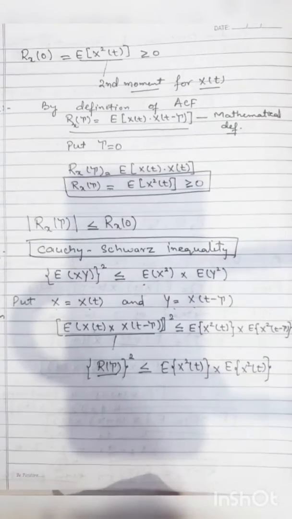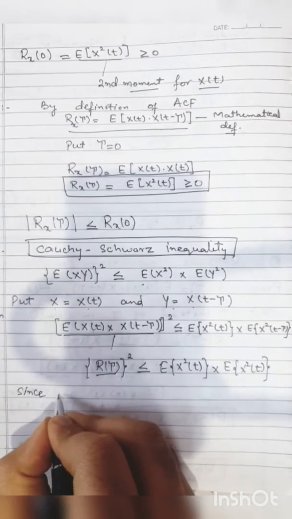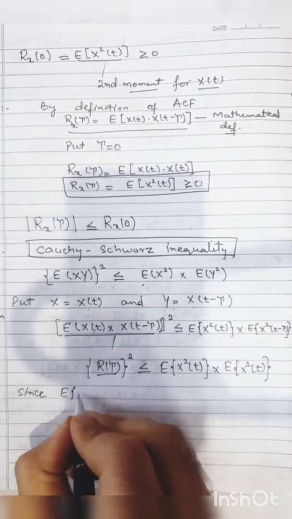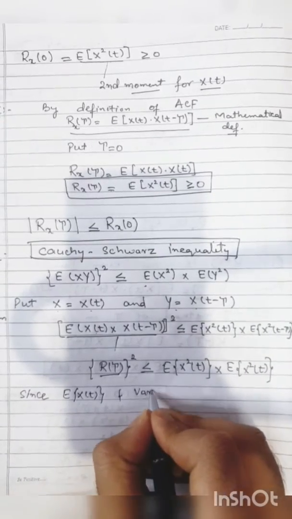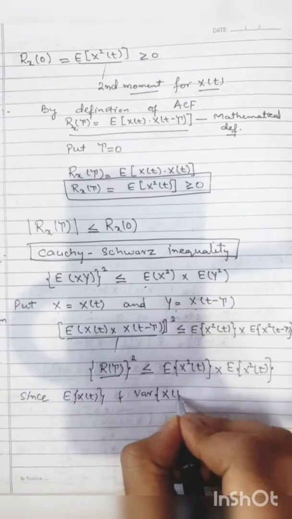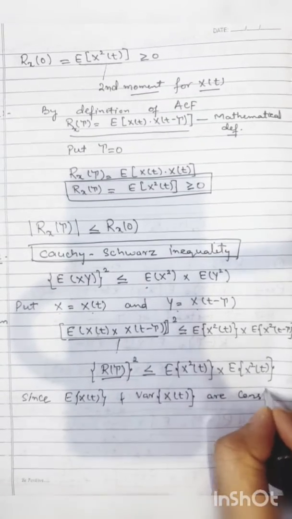Why? Because E[X(t)], and variance as well as second moment, are constant for a stationary process.